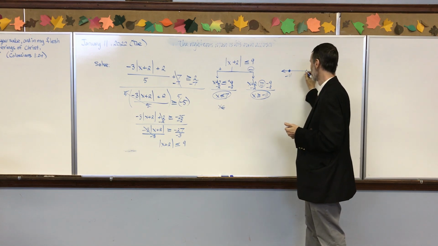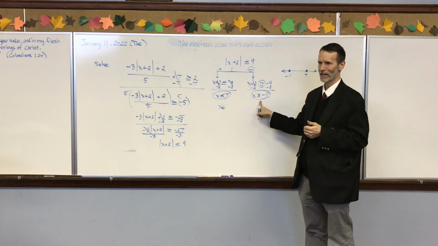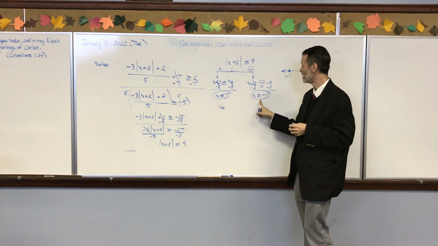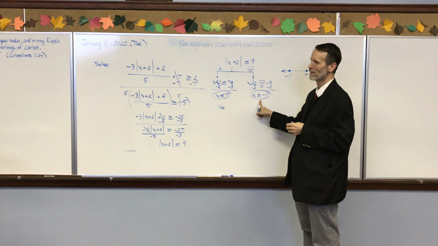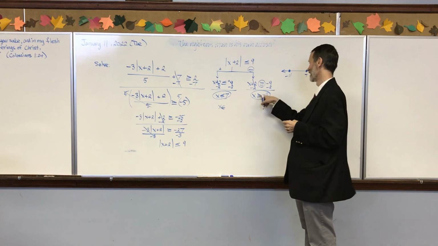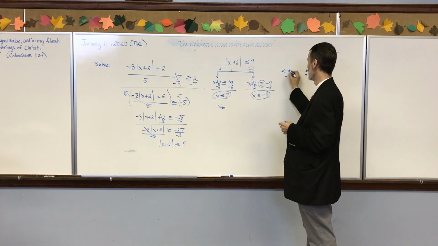Solid dot, which way is this going? Austin. Which way is it shading? Okay, Josh. To the right. x is greater than or equal to negative 11. It's going to go this way.